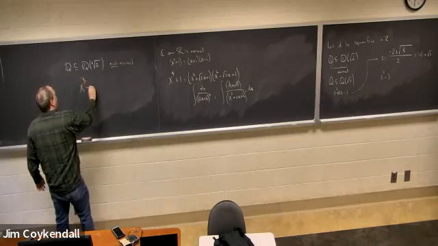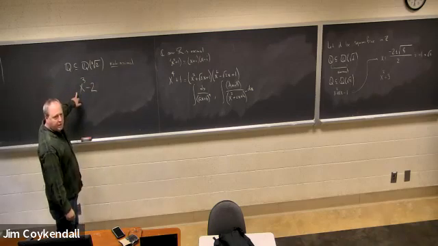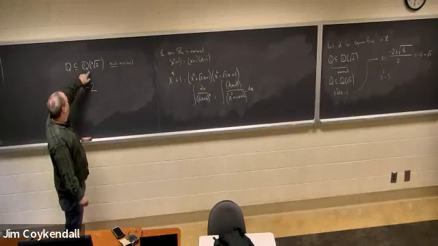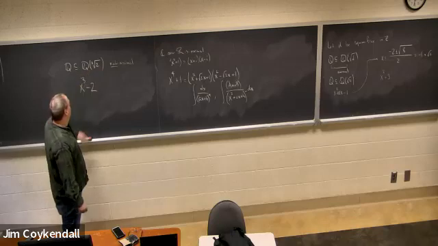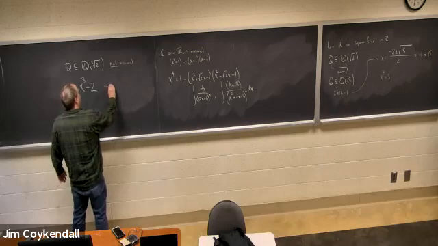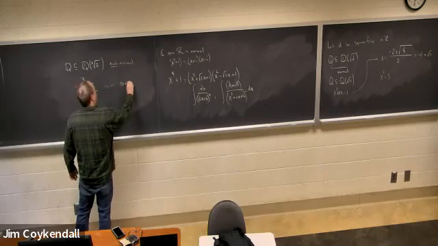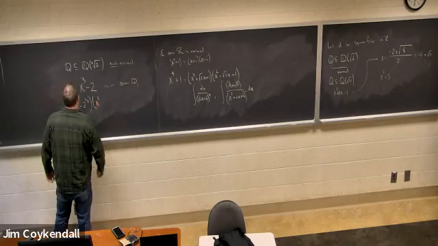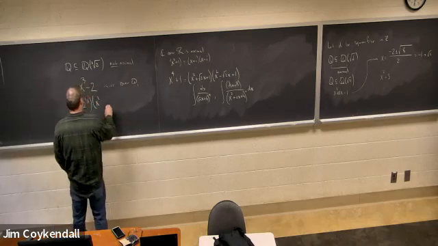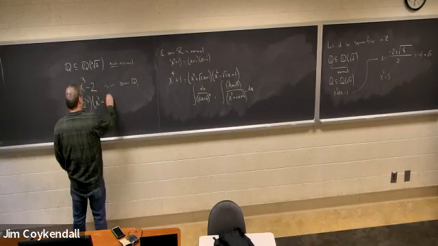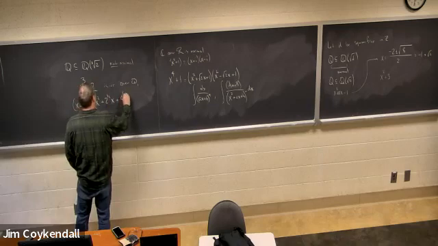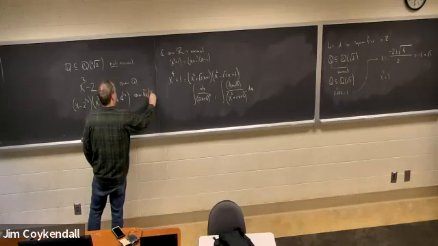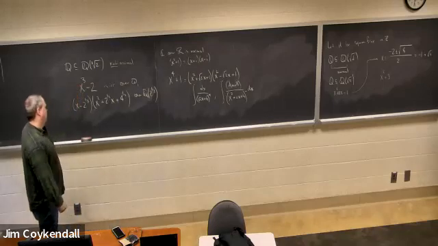Because if you look at this polynomial, it's an Eisenstein polynomial, so it's irreducible over Q. It is not irreducible here, and the factorization is x minus 2 to the 1/3, and whatever this is, right.